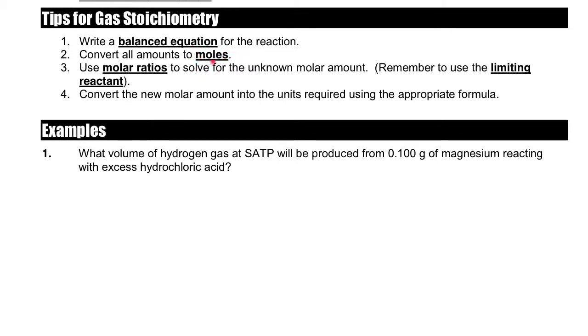Once you have the number of moles, use the molar ratios to solve for the unknown molar amount. And don't forget, use limiting reactant when you have to. Then the new number of moles that you have found will need to be converted into the units required using the appropriate formula, which is all those formulas that we went through at the top of this page.